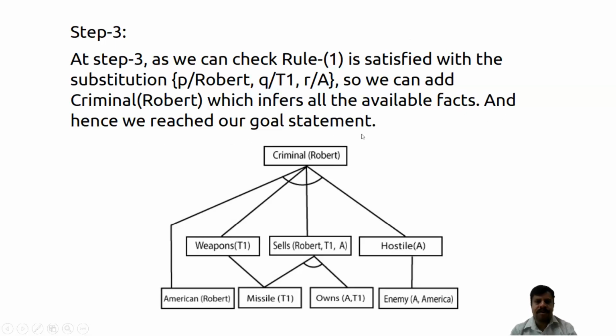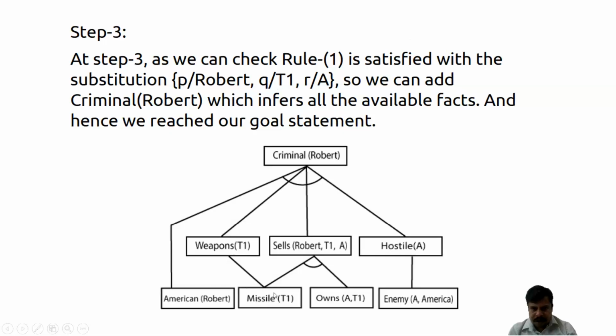And hence we reached our goal statement. So combining all these blocks, that is facts, weapons, missiles are sold by criminal is Robert, and we have to prove that Robert is a criminal.